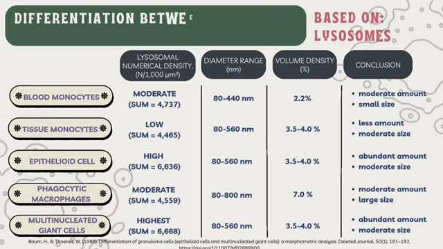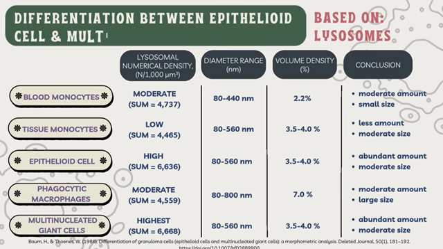Next, we will look into the differences between epithelioid cells and multinucleated giant cells based on their overall lysosomal size. According to the study, three parameters are used to disclose the differences: the lysosomal numerical density, which refers to the number of lysosomes in 1,000 cubic micrometers of cytoplasm, diameter range, and volume density, which refers to the amount of space occupied by the lysosomes.